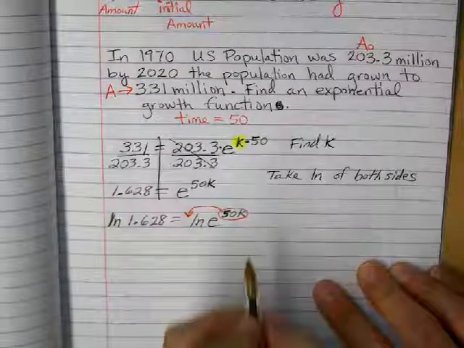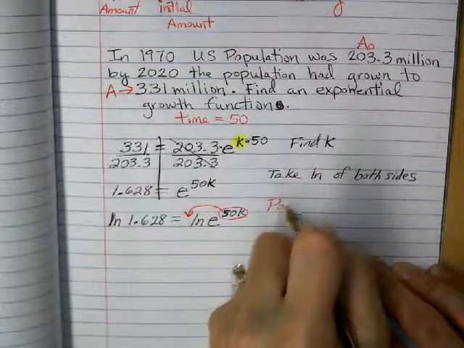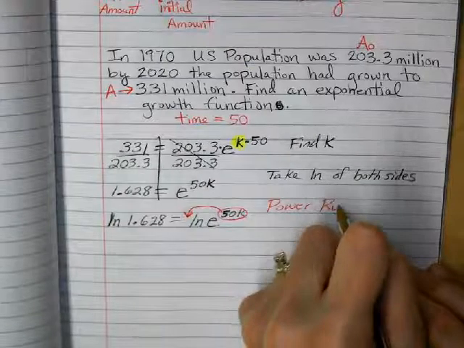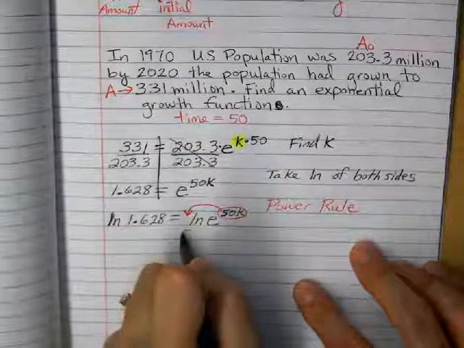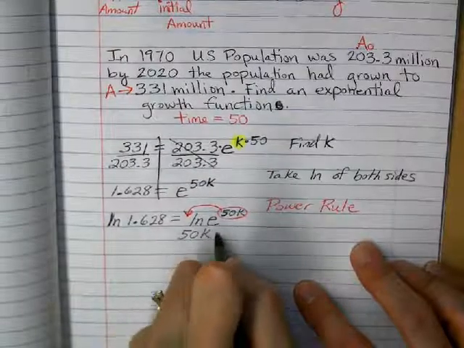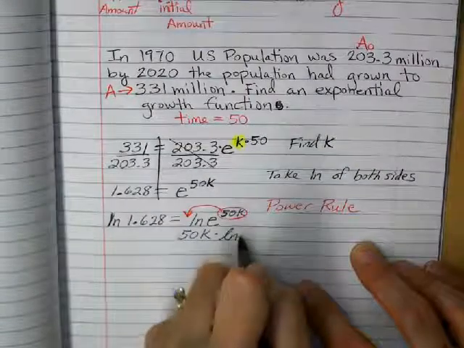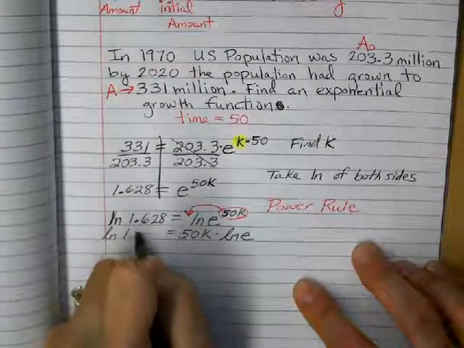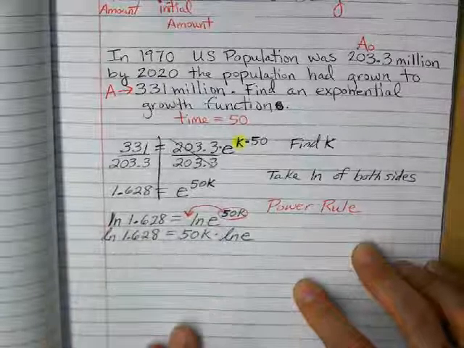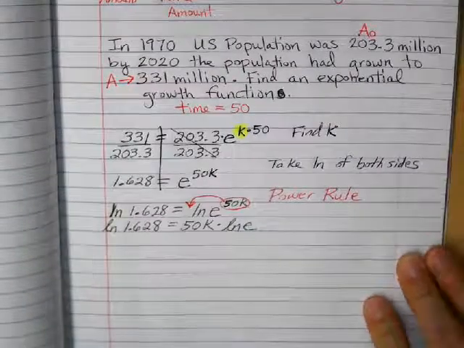So I'll write that's called the power rule, for your logarithms, bring that in front. So now you have 50k times ln of e. And over here you have natural log of 1.628 still. See, we're getting there. So power rule, you bring that in front.